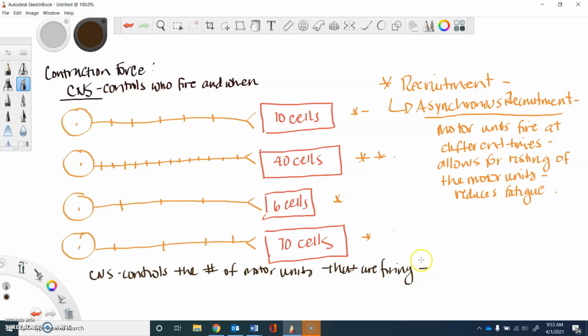So ultimately it controls the end resulting force. It controls the pace of stimulation.